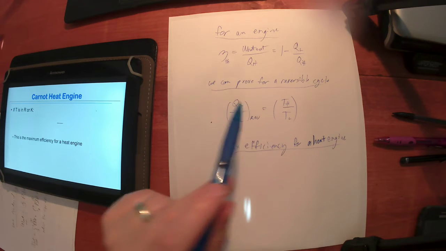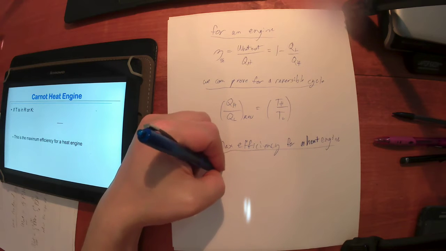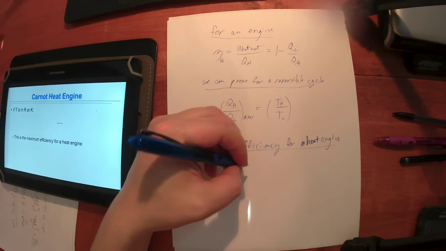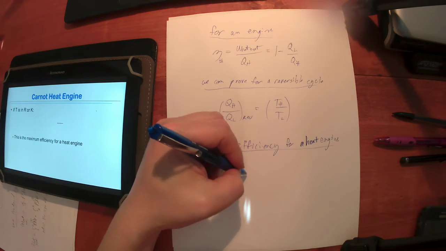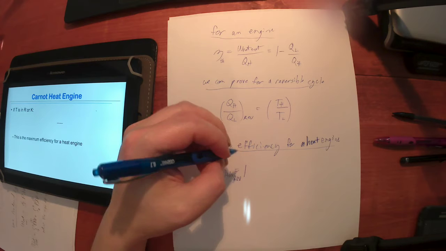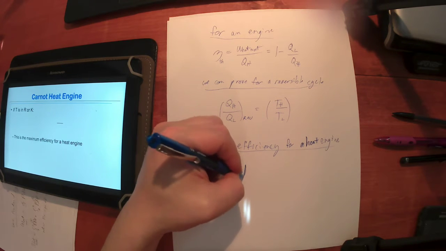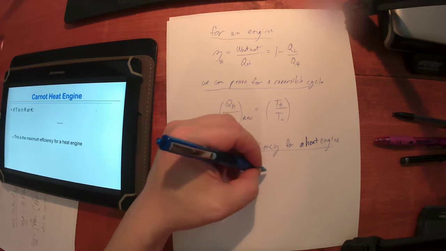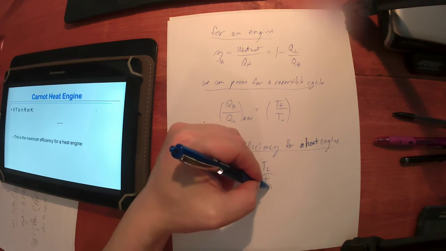And if it's reversible, that means it's the maximum performing device. That means the thermal efficiency, the ability for an engine to convert heat into work, for a reversible engine, let's put another subscript there of reversible, the maximum thermal efficiency, or the reversible efficiency, is equal to 1 minus this ratio of TL over TH.